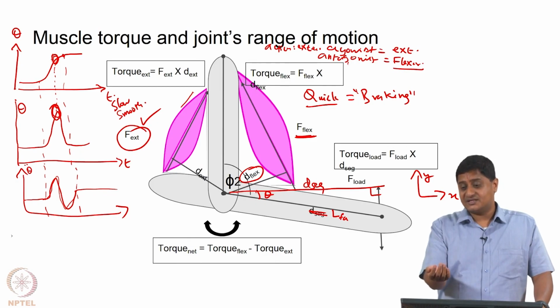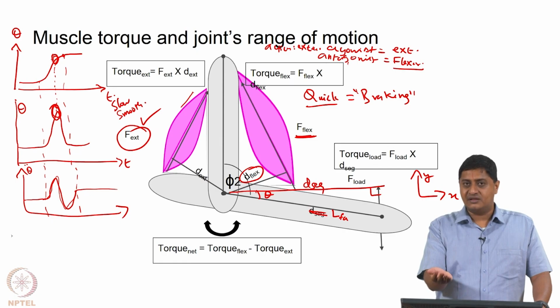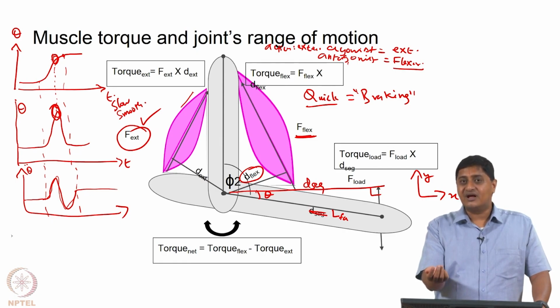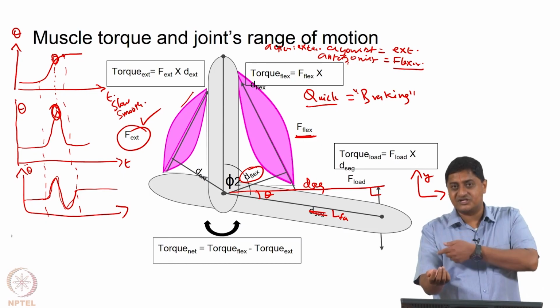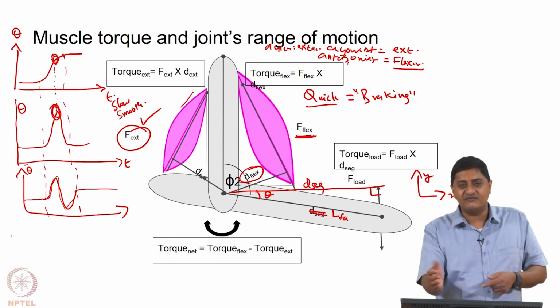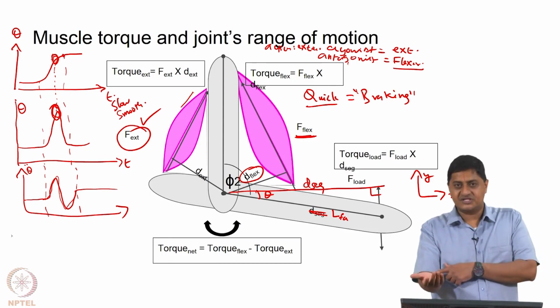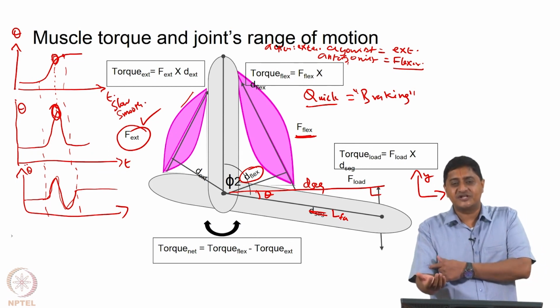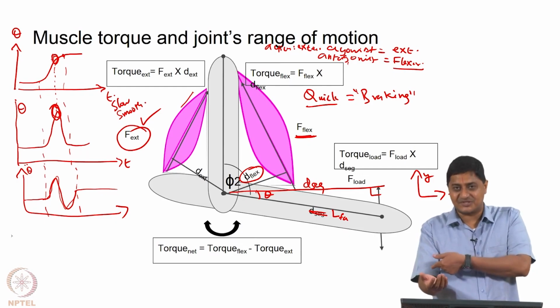In that case, I will use biceps to supinate, but when biceps is active, it will also cause a flexion action, it will also produce a force in the direction of flexion, but there is no flexion, I am supinating without flexion, right. How is that happening? Because of the antagonist of the flexion action. What is the antagonist of the flexion action? In this case, that is the triceps.